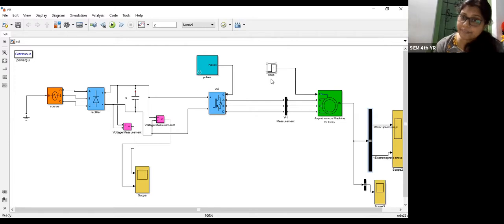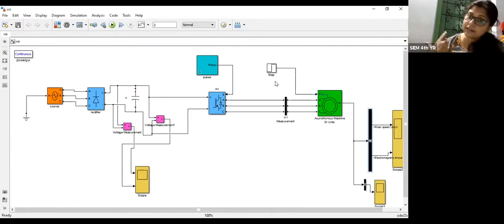There is a reference motor torque which we have to provide to the asynchronous machine, that is, the induction motor. This is not a closed loop system. As per the drive's book, I only chose the second type of design configuration, and I implemented this second type in this MATLAB Simulink model.